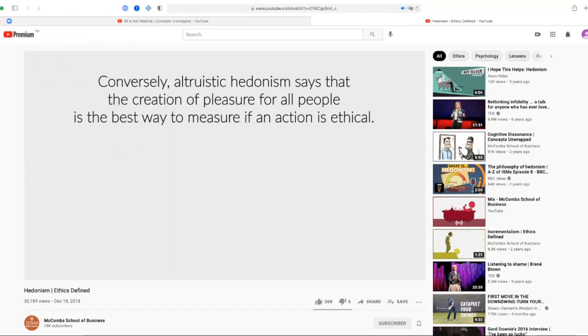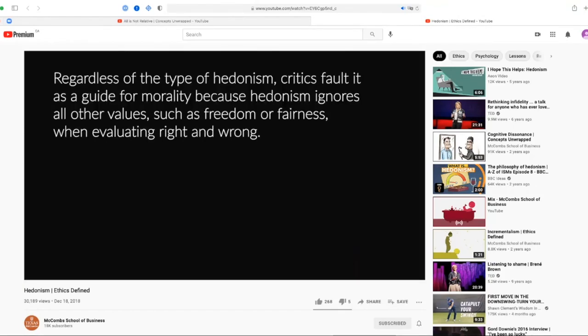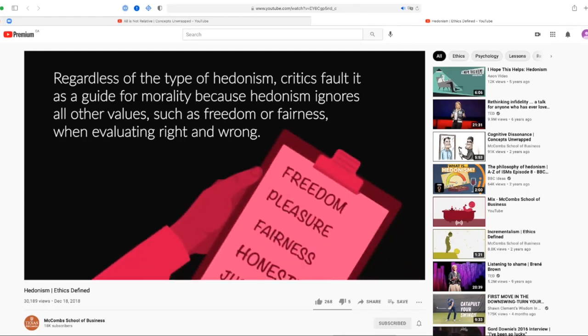Conversely, altruistic hedonism says that the creation of pleasure for all people is the best way to measure if an action is ethical. Regardless of the type of hedonism, critics fault it as a guide for morality because hedonism ignores all other values, such as freedom or fairness, when evaluating right and wrong.